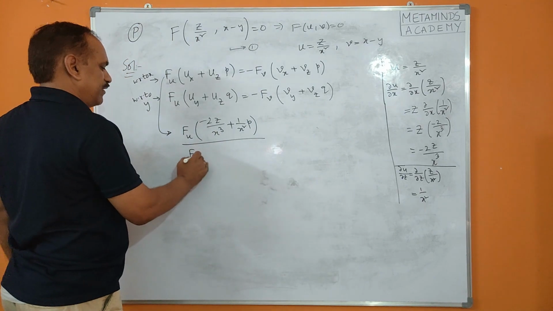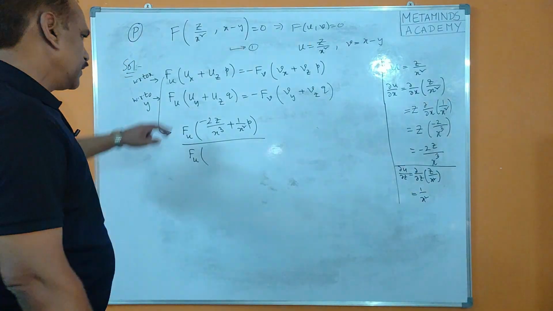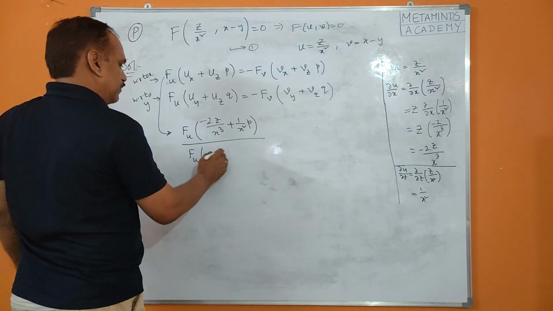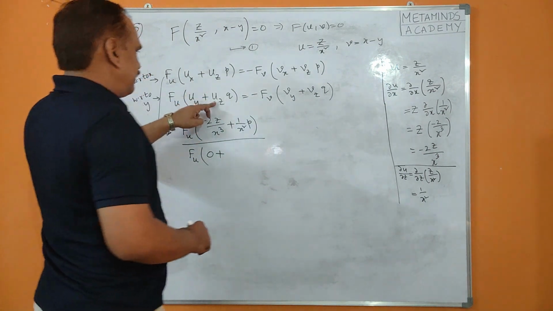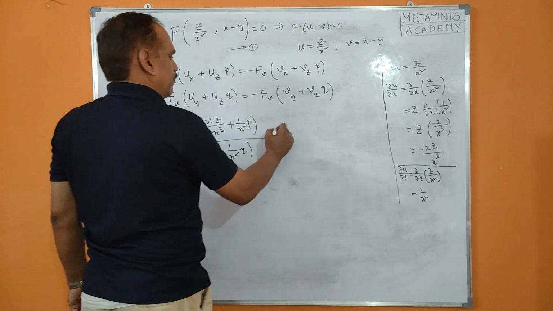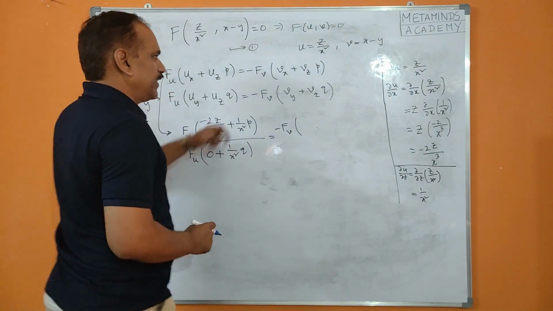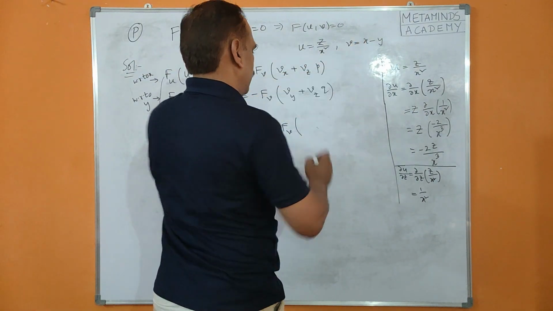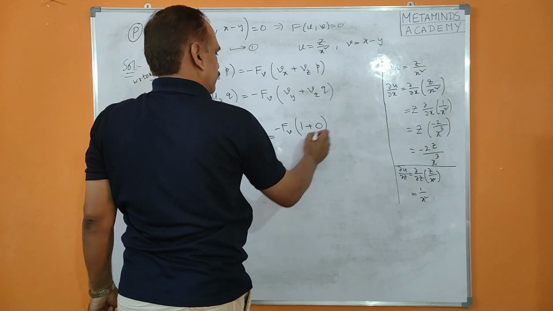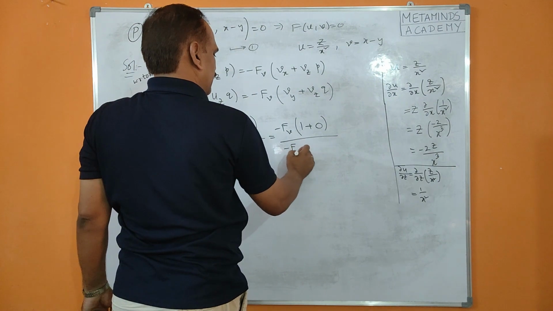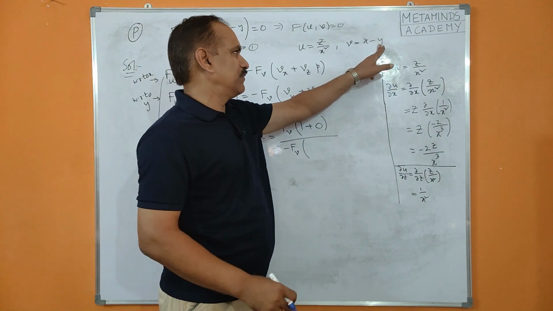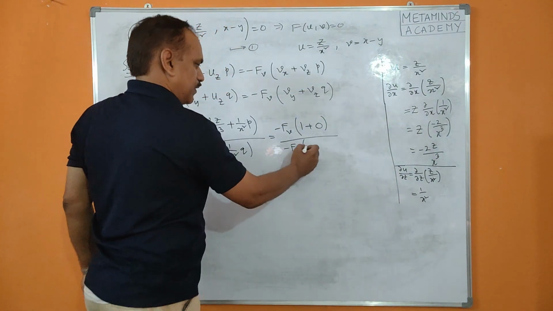Divided by F_u into u_y, differentiating u with respect to y. There is no y directly here, so 0. u_z is the same, 1 by x square, and the same q here, minus F_v. v_x, differentiate v with respect to x, is 1. v_z, ∂v/∂z, is 0, by minus F_v. v_y, differentiate v with respect to y, is minus 1. 0 minus 1 is minus 1.